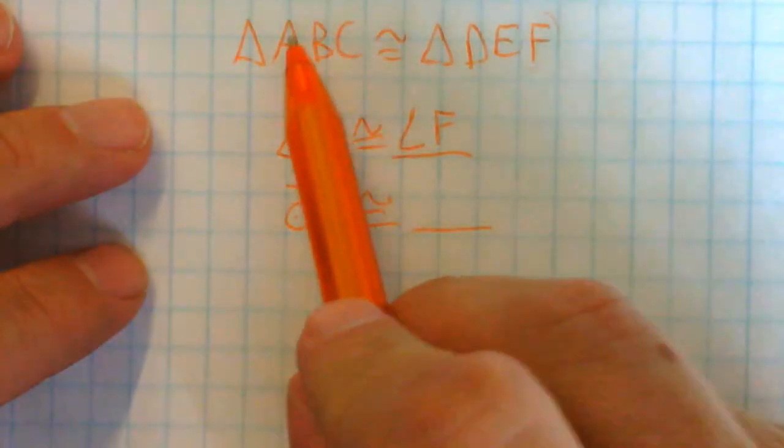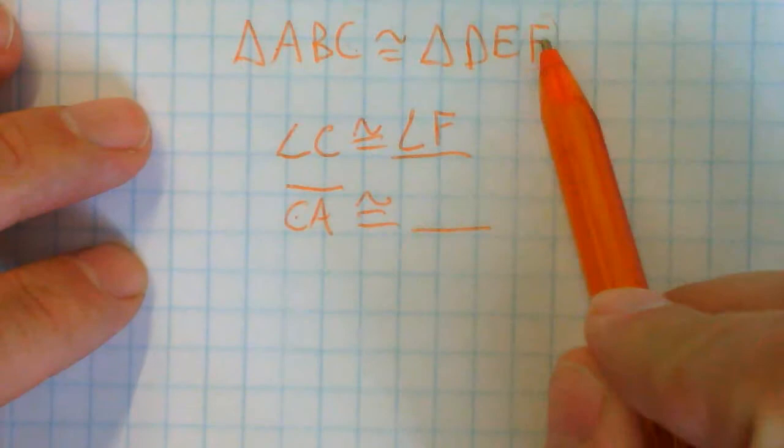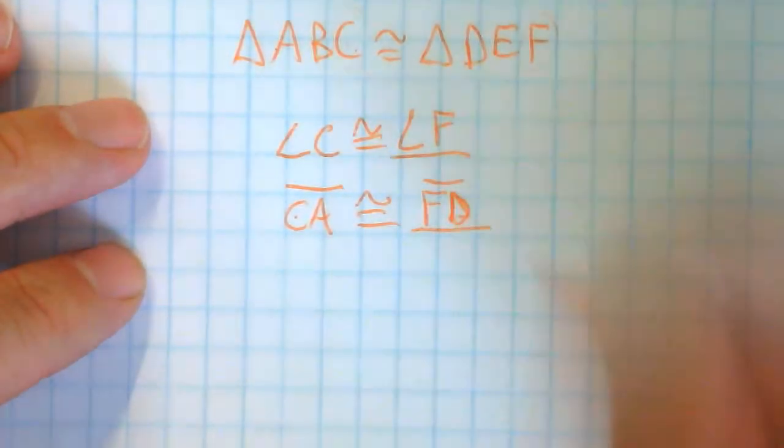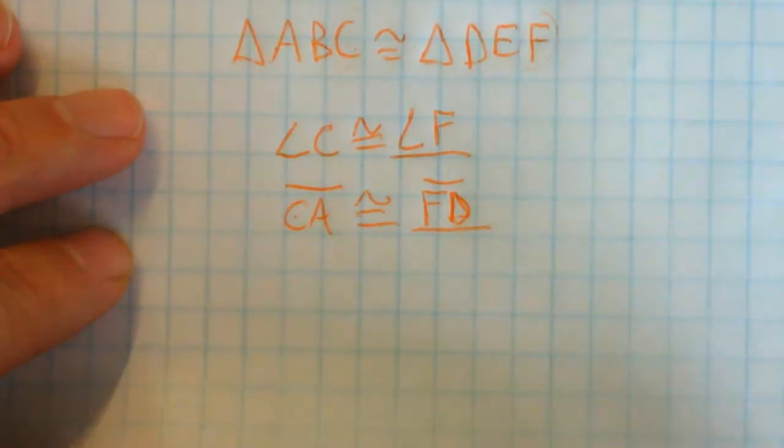Well, if I look up here, CA is the first and last letter, so that would mean that has to correspond to DF or FD, if you like to keep them in the exact same order, which I do. Okay, so that's congruent statements.